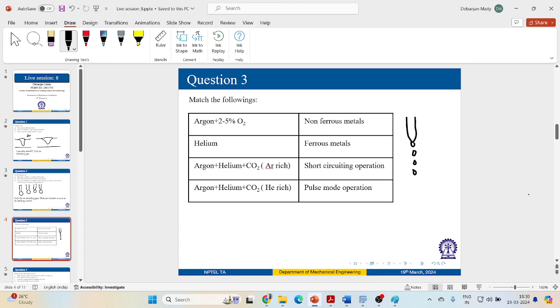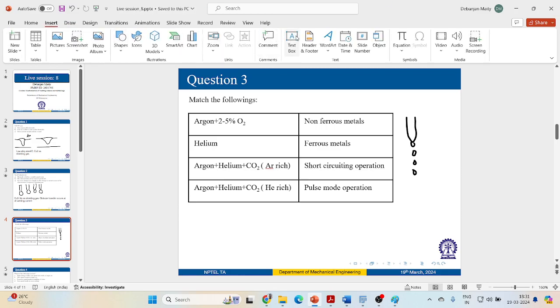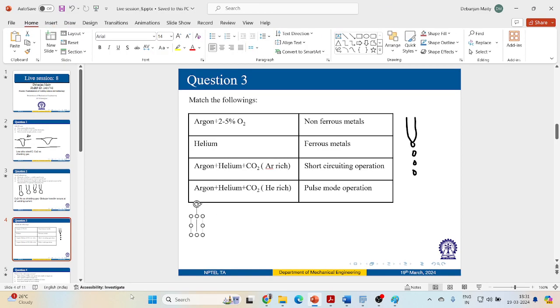And apart from spray transfer and globular transfer, what else have we discussed? There is something called short circuit transfer, right? We have talked about globular transfer. We have talked about spray transfer.